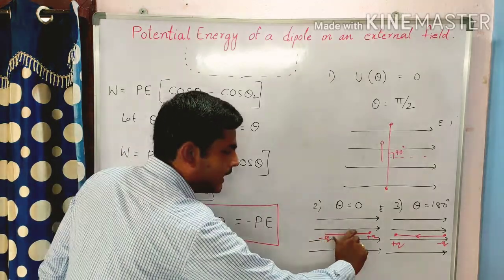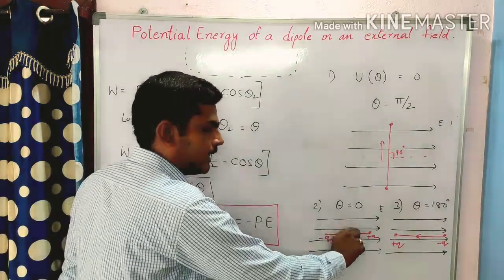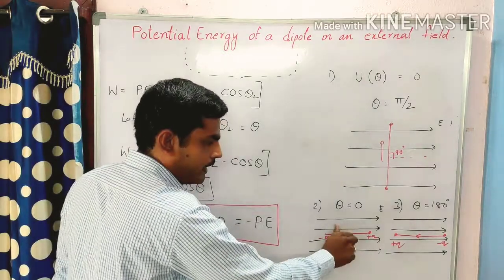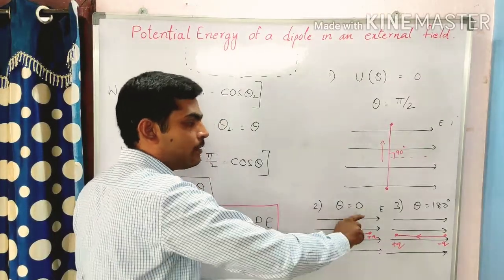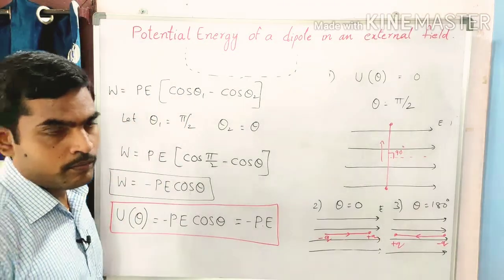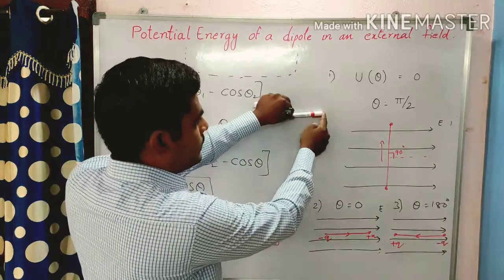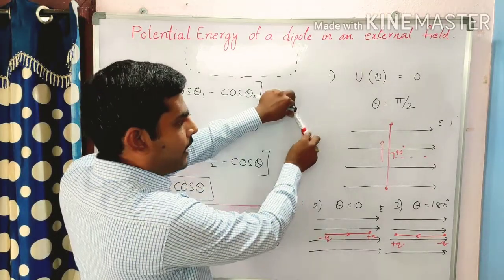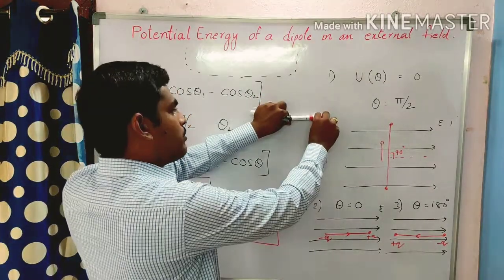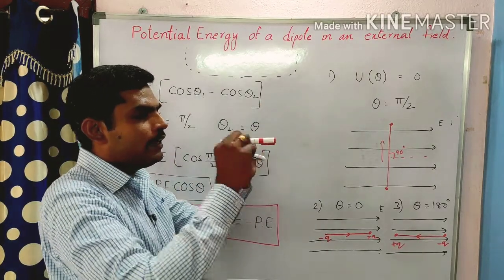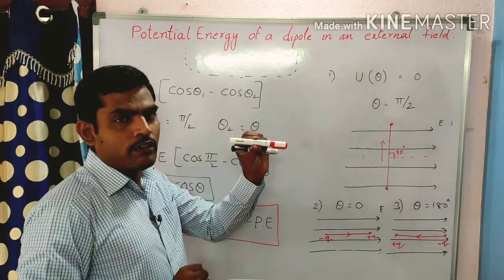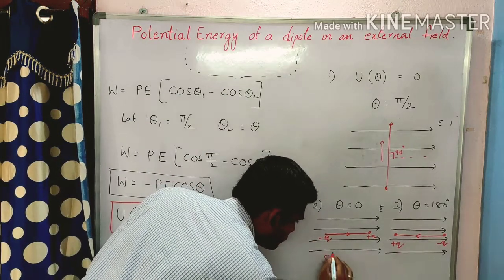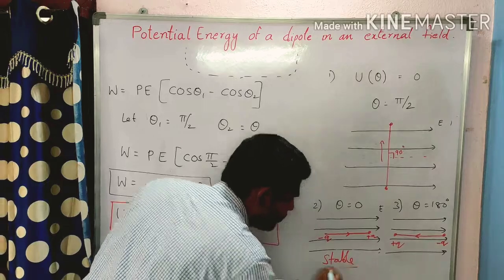See, if I tilt a little here, where positive charge is here and negative charge is here, it again comes back to its first position. If I tilt it again, it comes back to its first position. So this is called stable equilibrium.